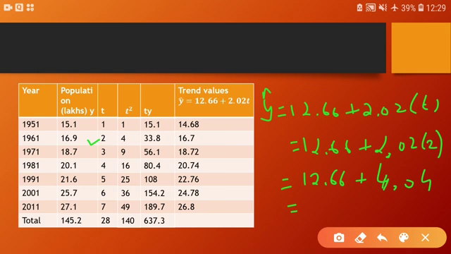So 12.66 plus 4.04 is equal to 16.7. So you can see this is your trend value for t is 2.